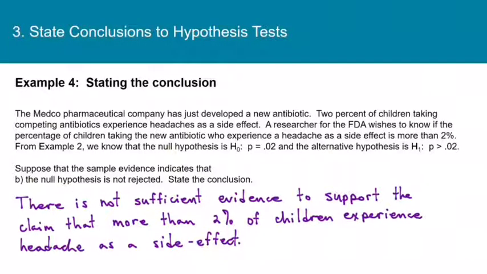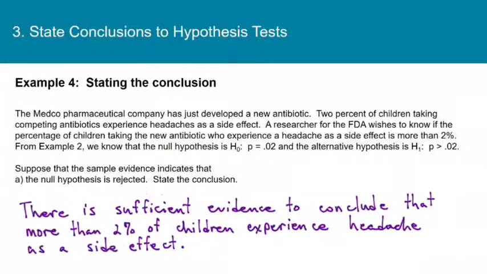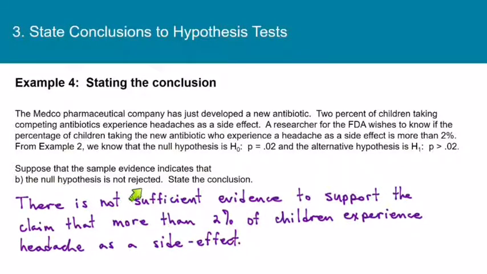Then notice that after we say whether there was evidence or not, we state the rest of it in terms of H1. Let me flip back. When the null was rejected, we said there is sufficient evidence to conclude that this alternative hypothesis is true. But when the null is not rejected, we say there is not sufficient evidence to support the idea that this alternative hypothesis is true. And so that's it.